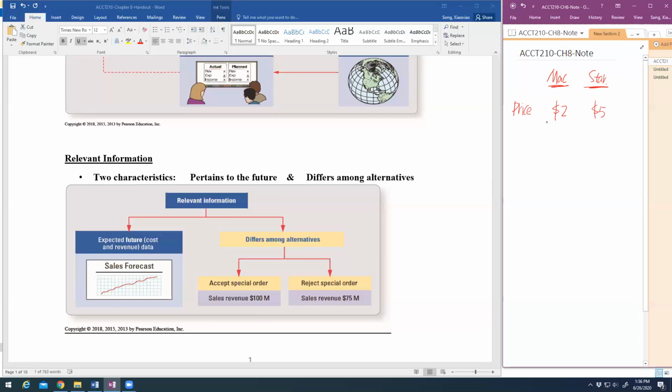Is the price relevant, yes or no? It is relevant because McDonald's only costs $2 and Starbucks costs $5. There is a $3 difference, so this one should be relevant.